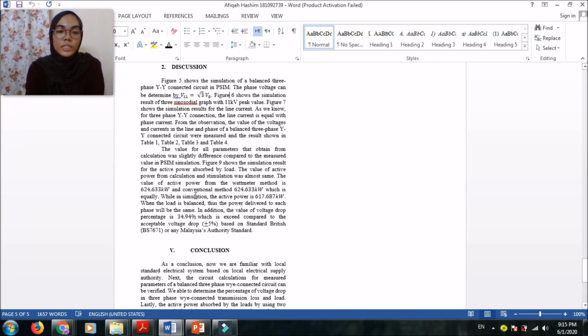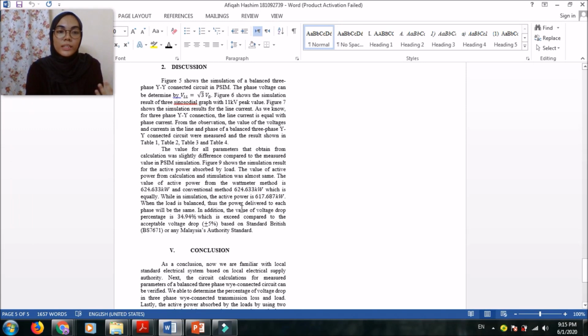While in simulation, the active power is 617.687 kilowatt. When the load is balanced, the power delivered to each phase will be the same.